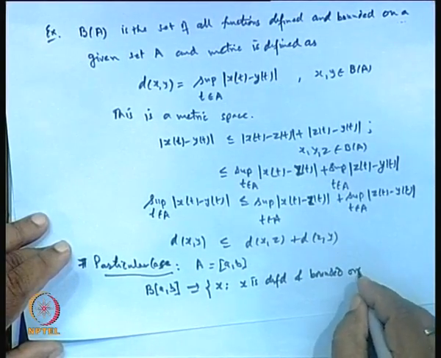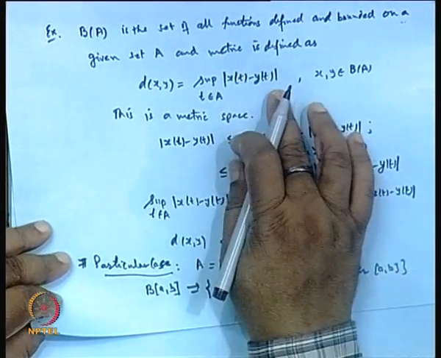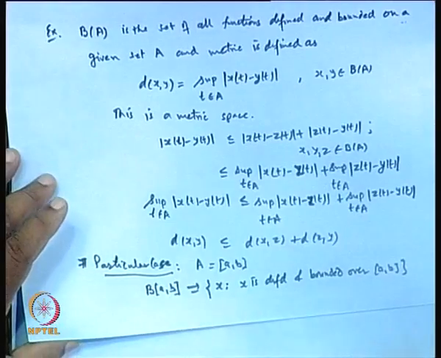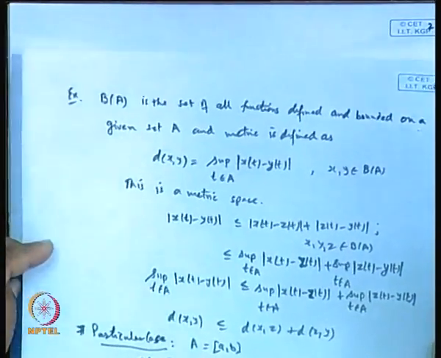The metric is defined in terms of the supremum of this. So, this is another example of a metric space.